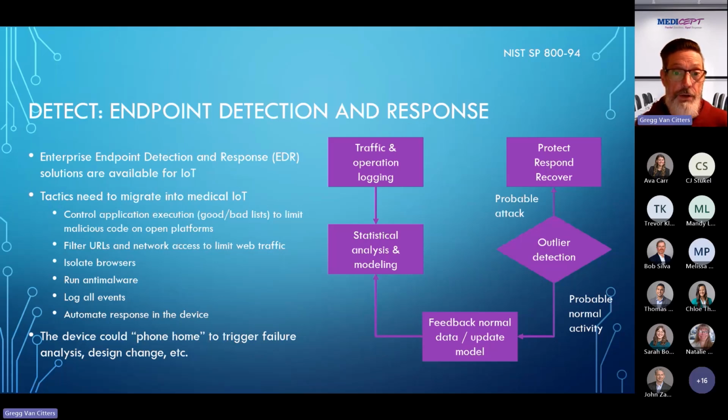Depending on the medical device architecture, you could leverage some existing endpoint detection and response solutions, or at least incorporate the various principles shown on the right side of this slide into your device design. If your device can collect and transmit information about these potential security events back to the home base, that could be an important feed into your failure analysis, design change, or other QMS activities. It also comes with its own security baggage, so there is always design trade-off to consider.